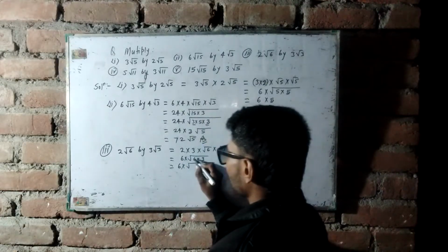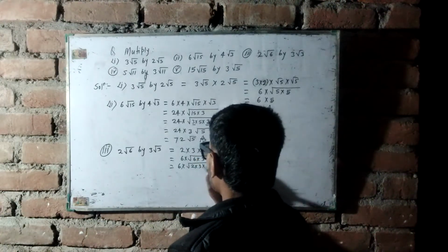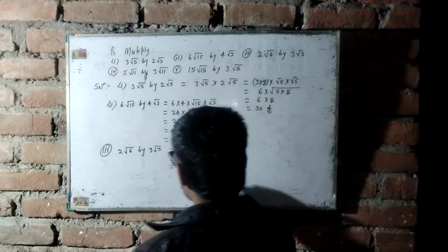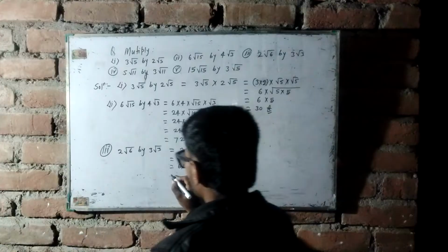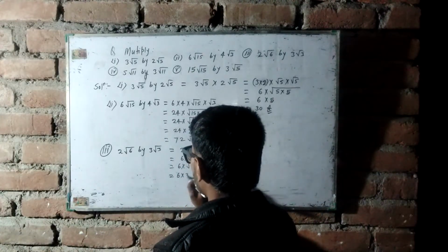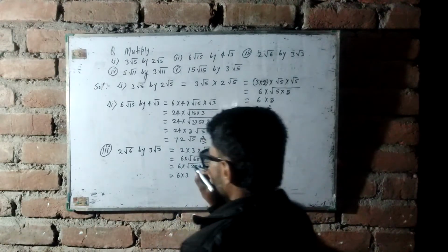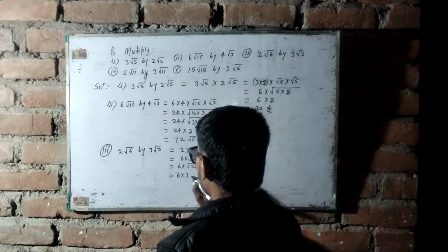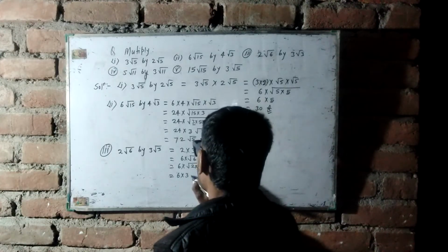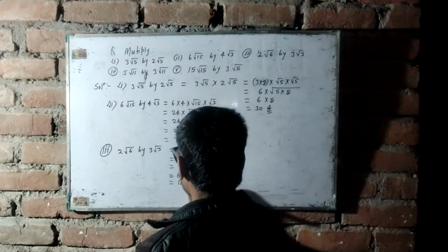You can write 18 as 2 into 3 into 3. Here 3 makes pair, so we can take it out from the root and you can write 6 into 3 and the rest part, 2 does not make pair, so it will be under root 2. Okay, so you can write 18 under root 2.